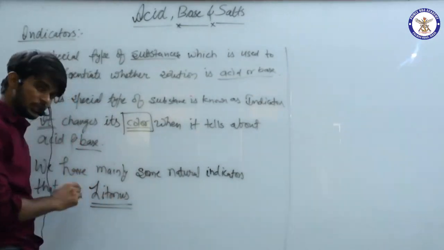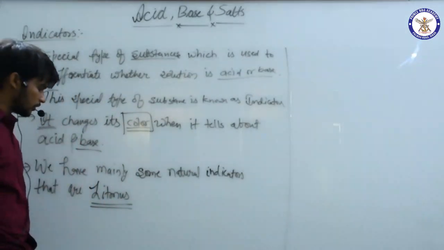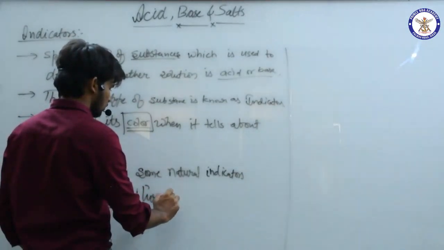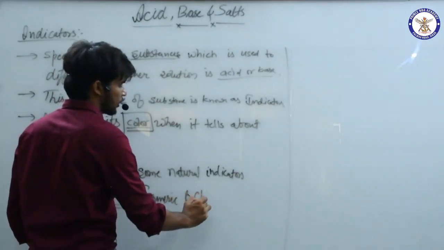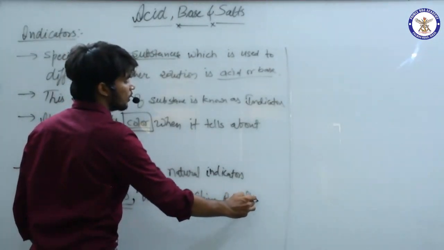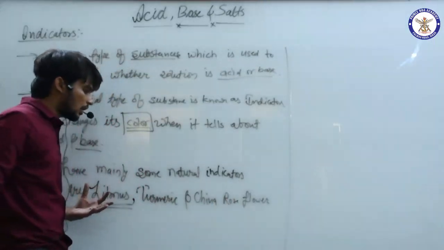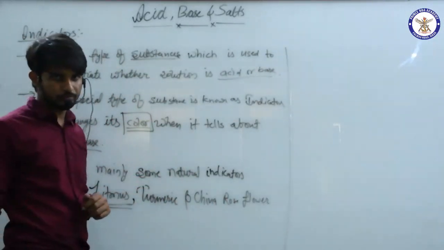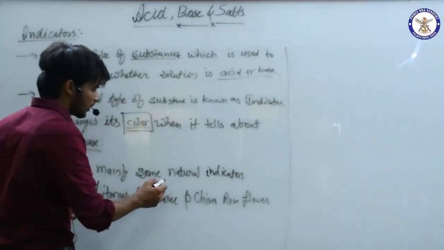I will teach you what litmus is and where it is found. See, these three are found naturally in our life. This is why I said natural indicators.